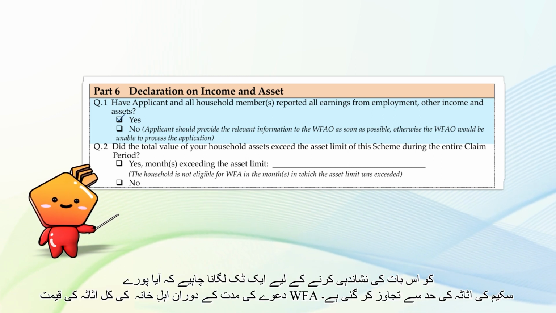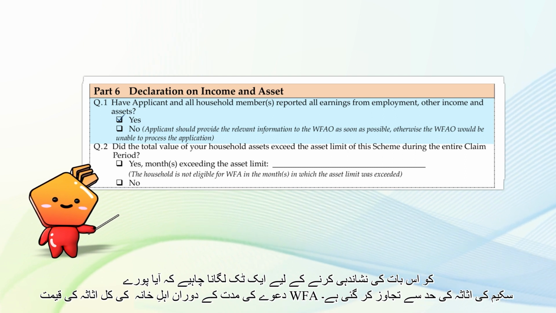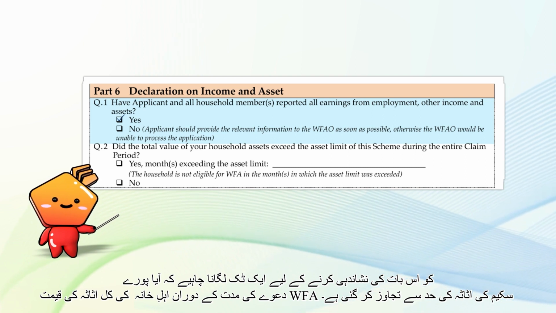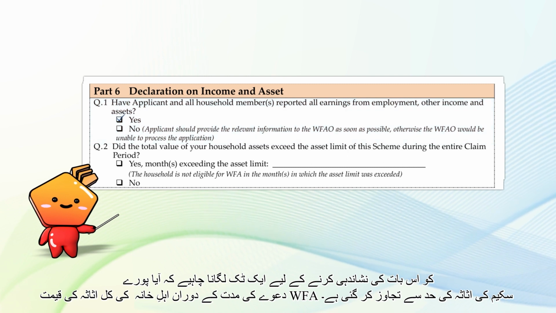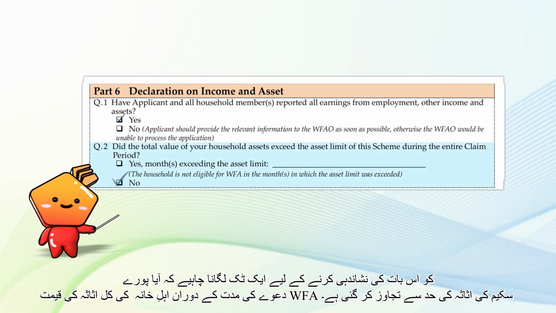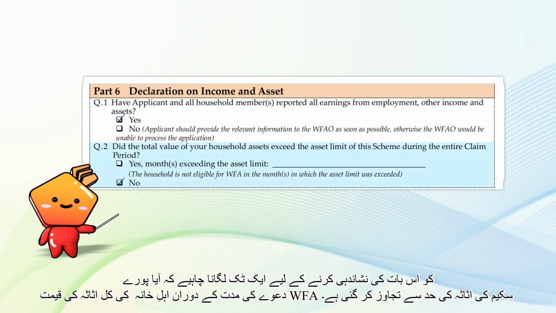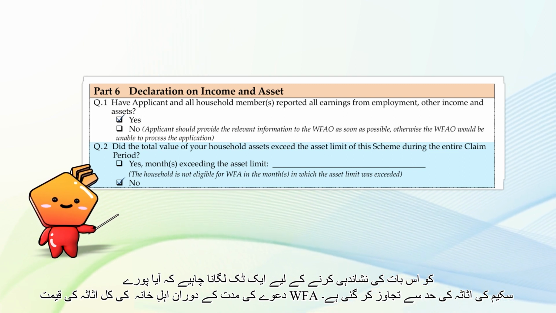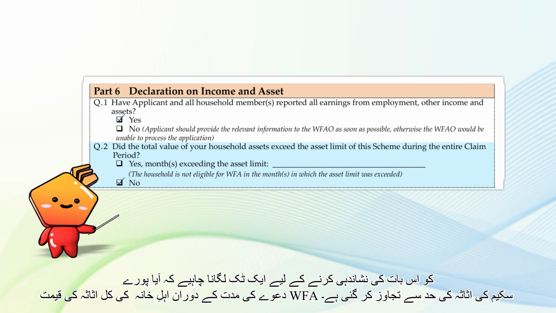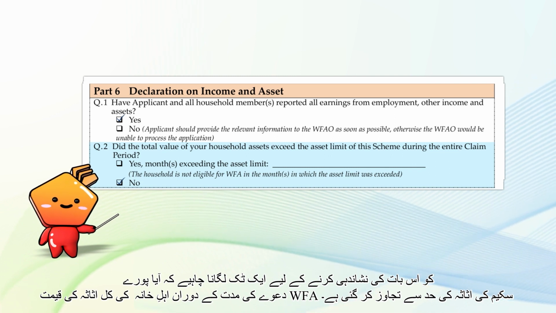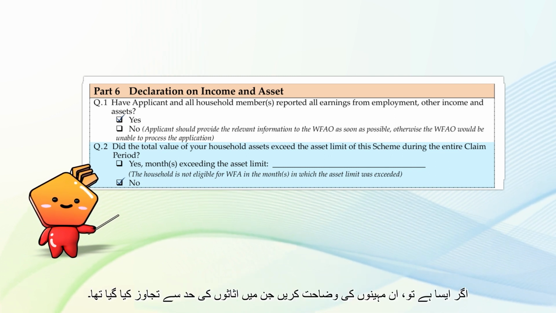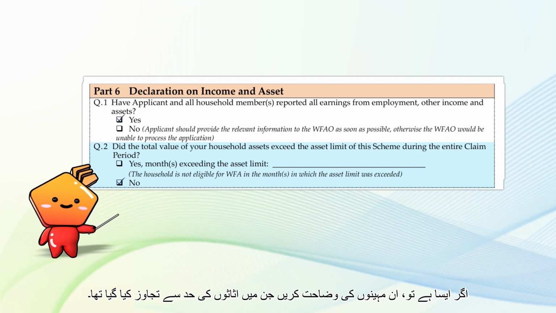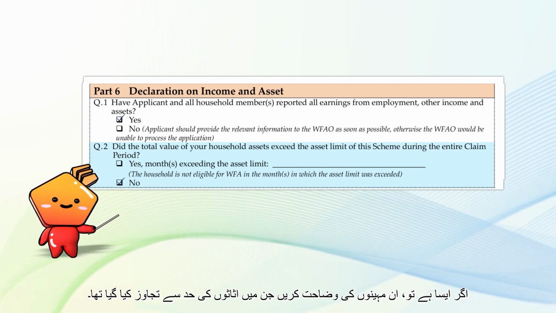Otherwise, the Working Family Allowance Office would be unable to process the application. You should put a tick to indicate whether the total asset value of the household exceeded the asset limit of the DUFA scheme during the entire claim period. If so, specify the months in which the asset limit was exceeded.